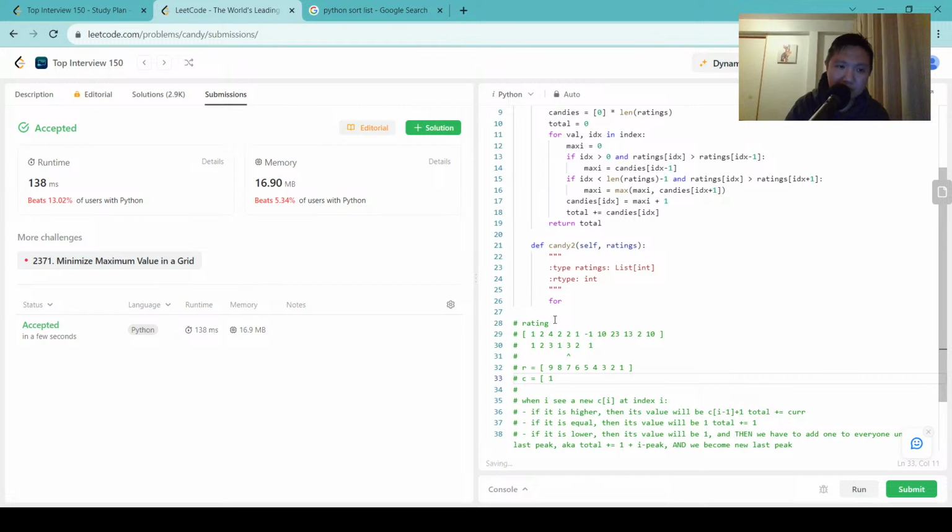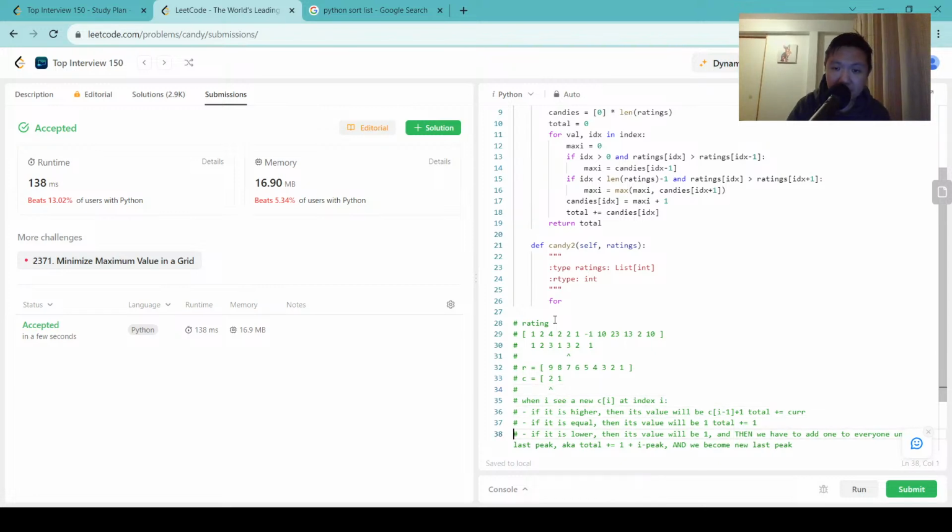The next person is lower than the previous value. So you add 1 to this and you change this to 2. The next person, and now your peak stays.